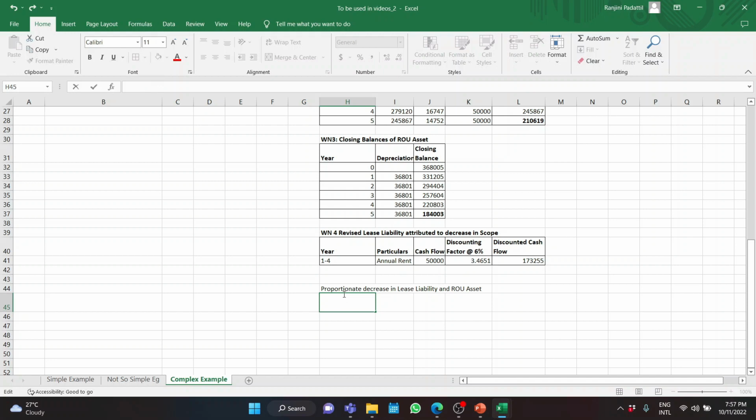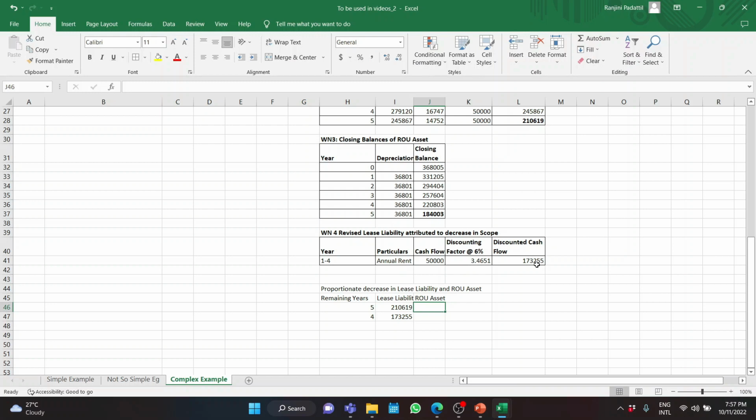Let us calculate the proportionate decrease in lease liability and ROU asset. What has decreased? The remaining years has decreased. Lease liability, ROU asset. The remaining years originally was 5. That has now reduced to 4. When the remaining years was 5, the lease liability was equal to 210,619. But now we have just calculated it's 173,255.